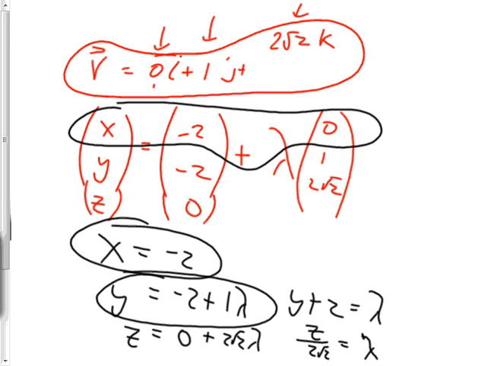And how do I do lambda for the top one? What was lambda equal to? That's kind of the point, right? What's lambda equal to? X plus 2 over 0 is not possible, right?